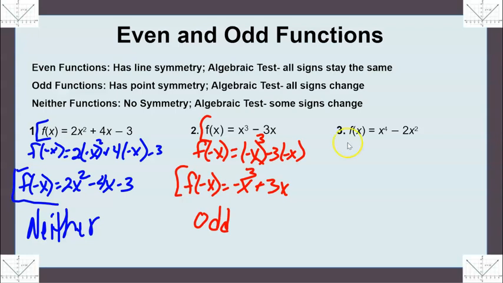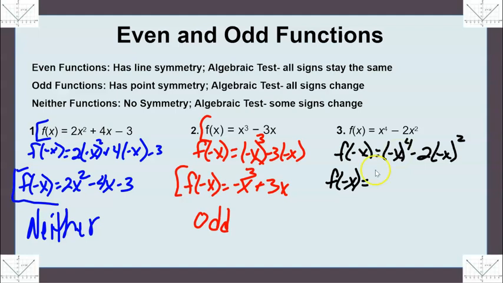And this last one, if I put a negative x in, negative x to the 4th minus 2 times negative x squared. I'm going to get a final answer of f of negative x equaling negative x to the 4th means negative x times negative x times negative x times negative x.